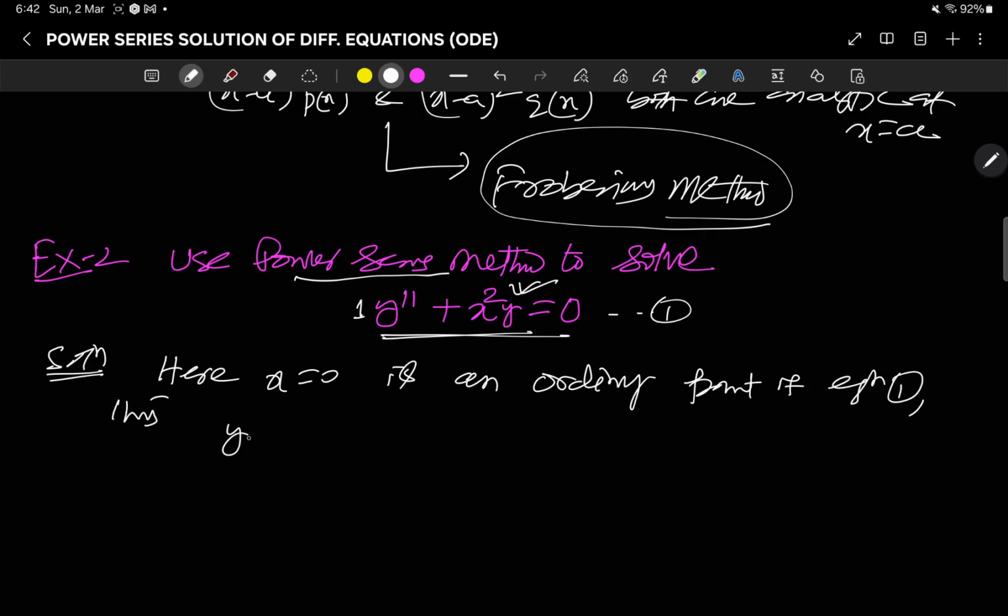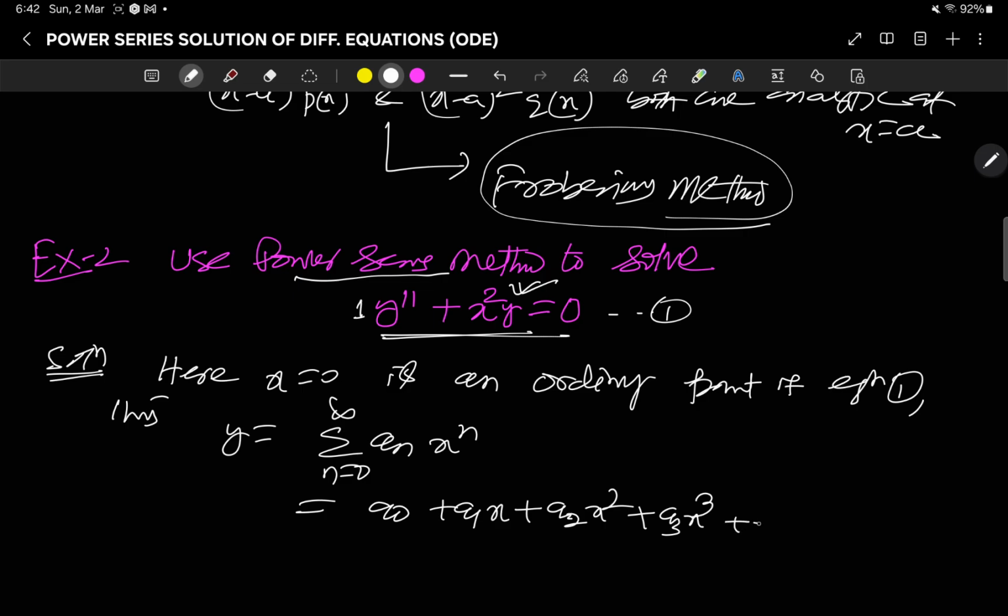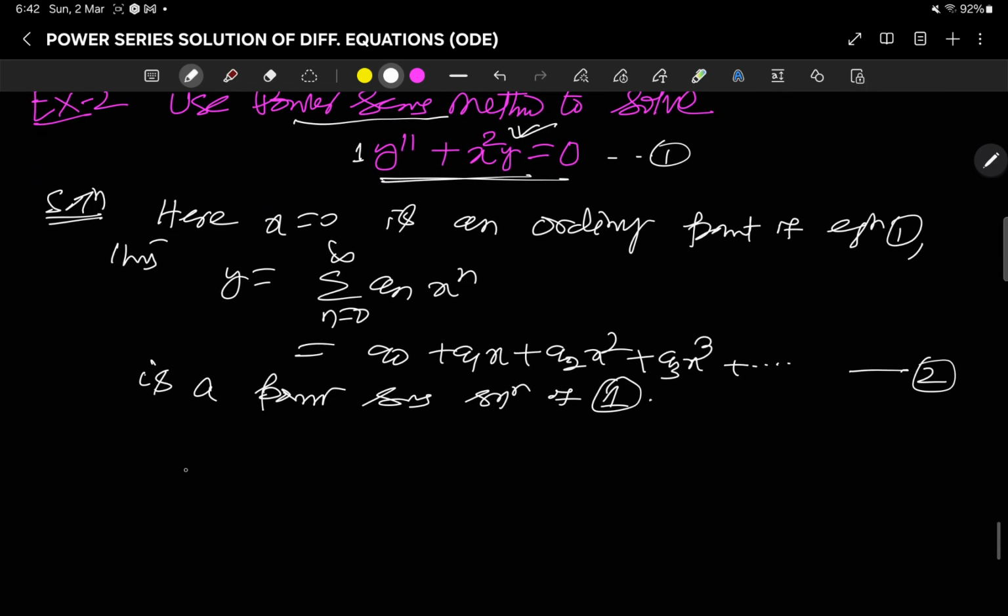Thus y is equal to summation an x to the power n, n is equal to 0 to infinity. That means a0 plus a1x plus a2x square plus a3x cube plus dot dot dot. Okay, let it be equation 2, a power series solution of 1. Okay, so now we find y dash.